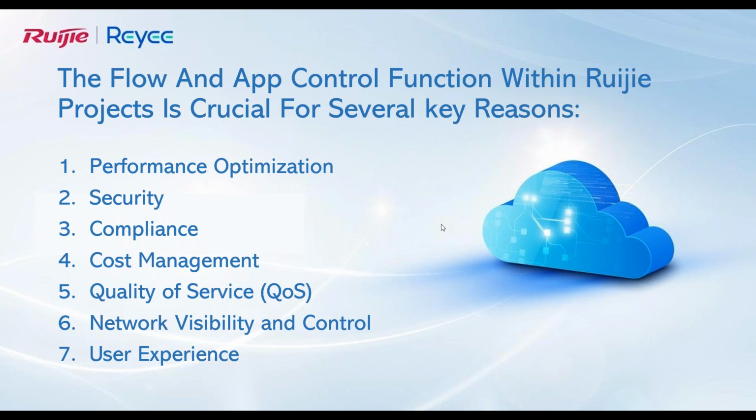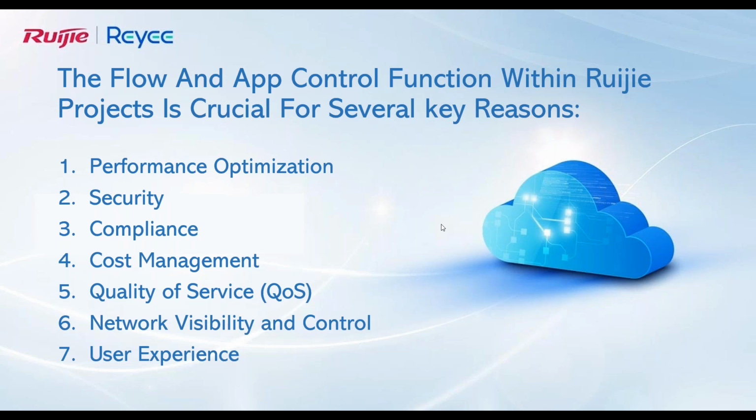Well, the flow and app control function within Reyee project is crucial for several key reasons. First, the performance optimization because it prioritizes critical applications, ensuring optimal network performance by allocating bandwidth and resources efficiently.